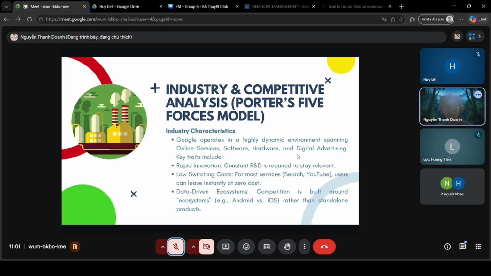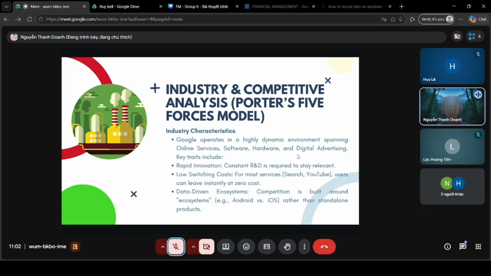The key traits include, first, rapid innovation: constant R&D is required to stay relevant. The second one is low switching costs. For most services like search or YouTube, users can leave instantly at zero cost. The last one is the data-driven ecosystem. The competition is built around ecosystems like Android versus iOS rather than standalone products.